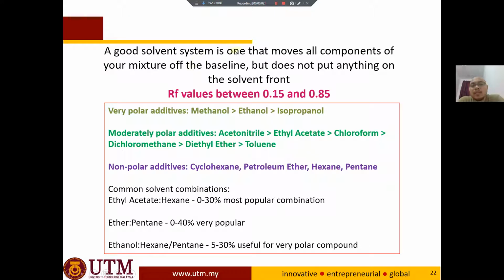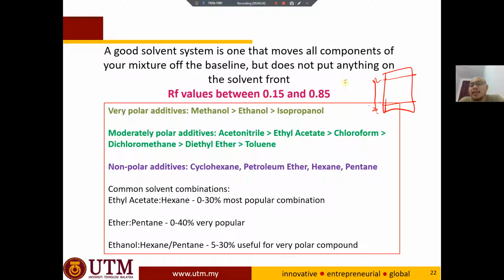A good solvent system is one that moves all the components of your mixture off the baseline but does not put anything on the solvent front. What is meant by the solvent front? For example, the solvent starts from here and ends up here. The solvent front is where your solvent stops.